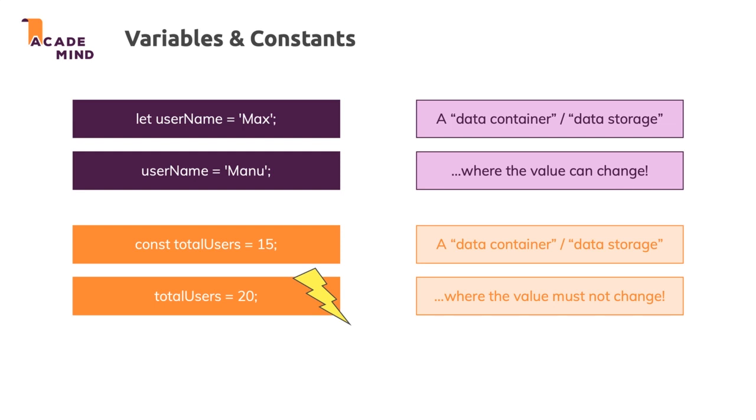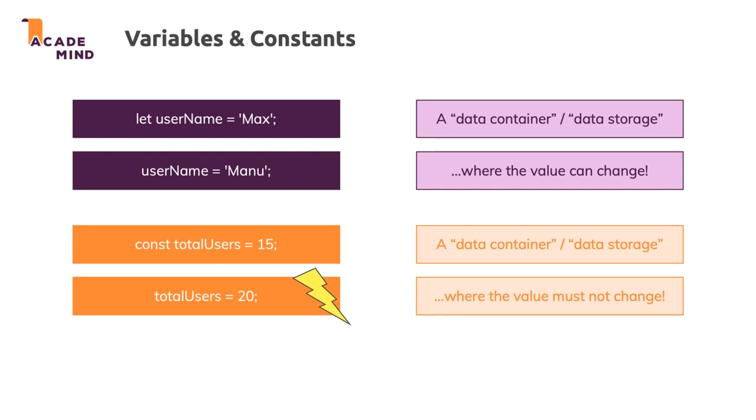Maybe use the same constant multiple times in different places so you will always reference the same single constant. And if you then ever, when writing your code, change that value, you change it in one place instead of 10 different places. But that will become clearer once we start writing some code, which we'll do in a second. For now, just be aware of these two different ways of creating variables with let and with const, where variables with let can be changed, with const they can't be.